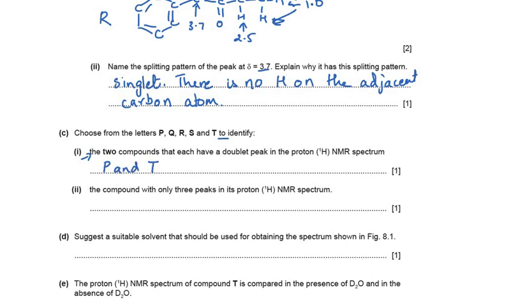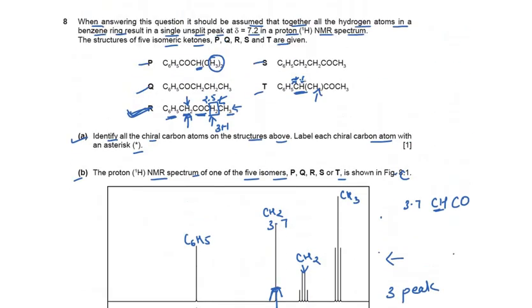The next sub question asks for the compound with only 3 peaks in its proton NMR. Again, have a look at these structures. Out of 3 peaks, 1 peak is definitely for the aryl, that is C6H5. Then the remaining protons altogether should produce only the remaining 2 peaks.